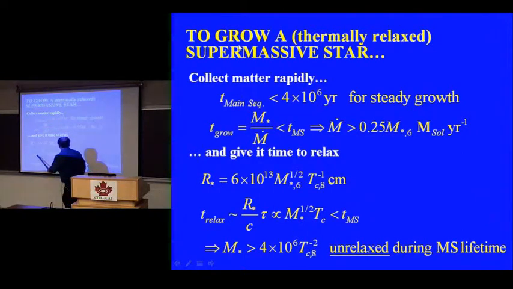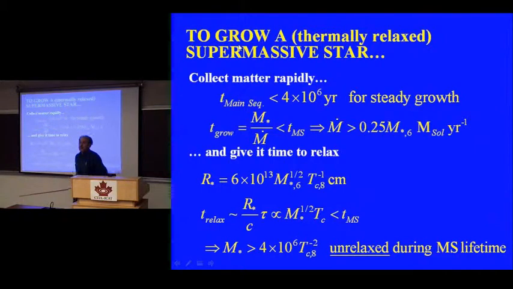In order for the relaxation time of a supermassive star to be shorter than the main sequence time scale, you can't have a star that's too massive, or it'll never relax during its main sequence lifetime. And that effectively puts an upper limit on the mass of a relaxed star of about 4 million solar masses.